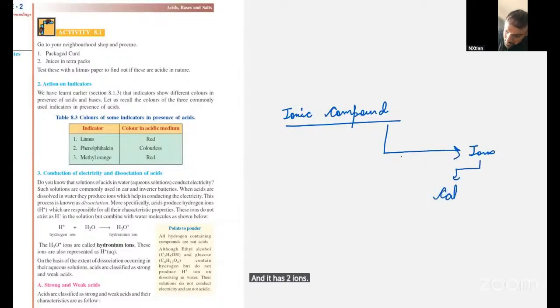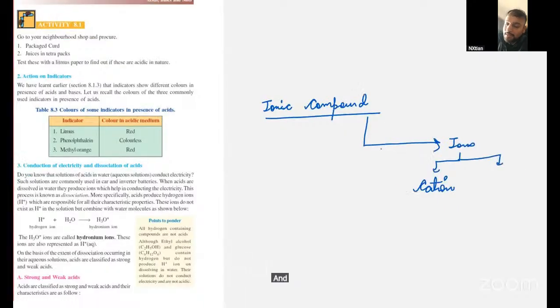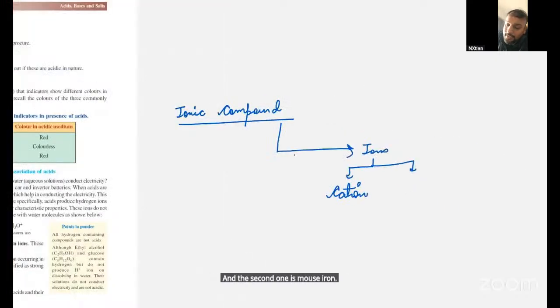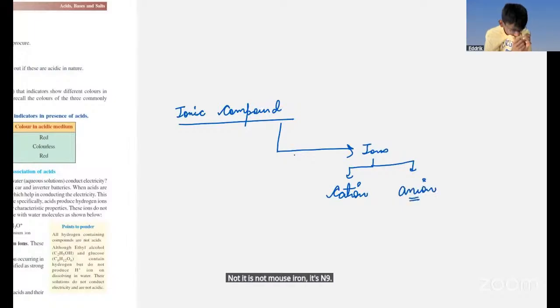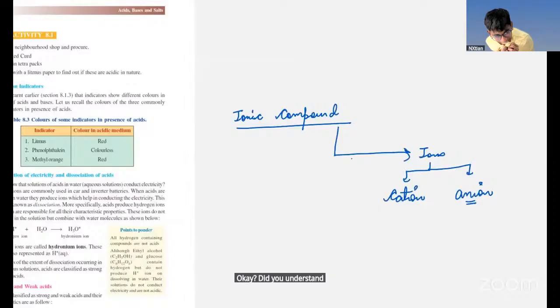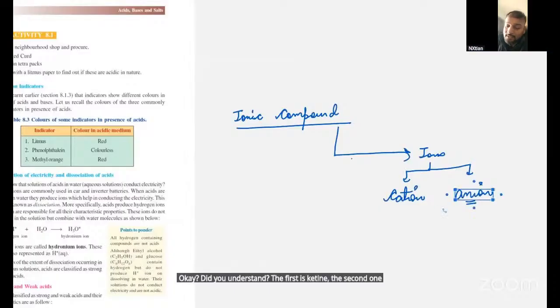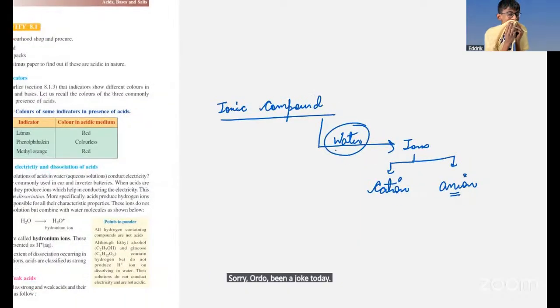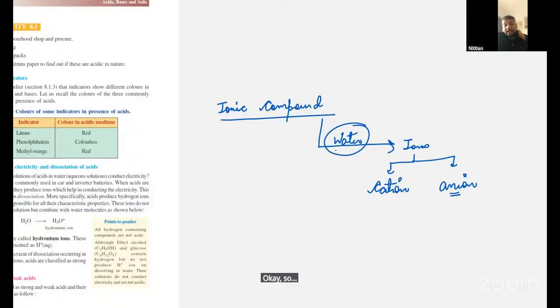The one is cation and the second one is anion. Sorry, I said mouse ion, it's anion. Did you understand? The first is cation, the second one is anion. Sorry for the bad joke today. So in water, any ionic compound releases ions.